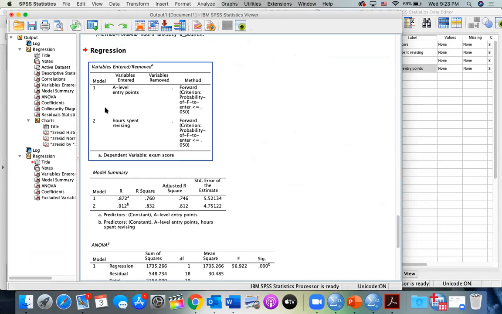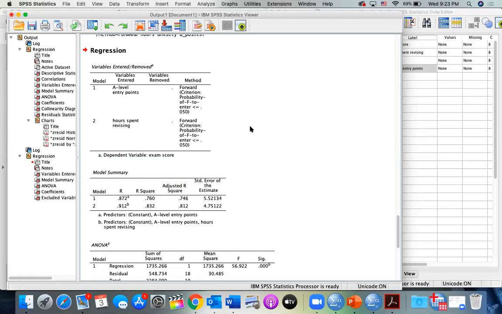The first table has different number of models. So for example, here we have two models. The first model has only one variable entered, which is the A-level variable.